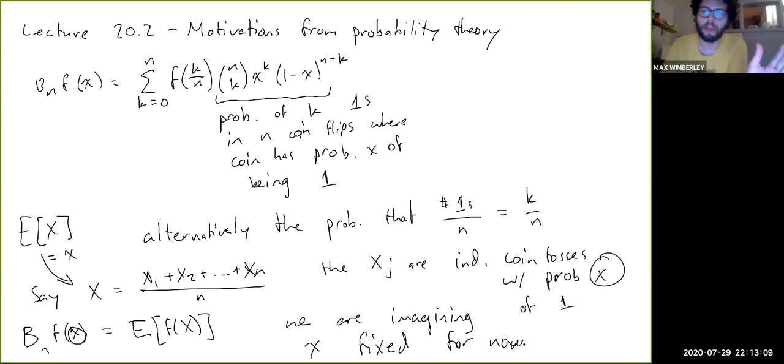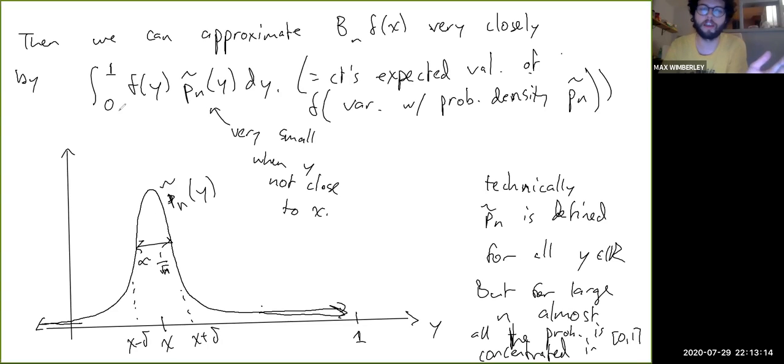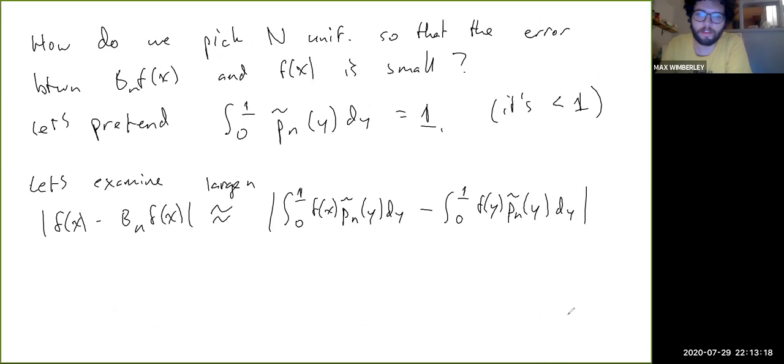And when n is very, very large, that's very closely approximated by a continuous version of the same expected value, okay? So this is the approximation of bn f of x, okay?